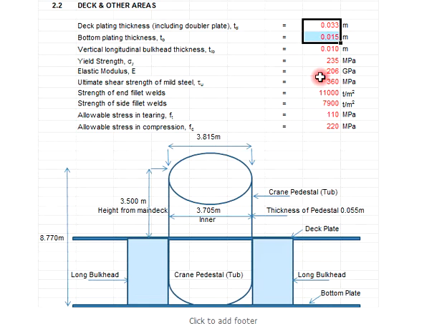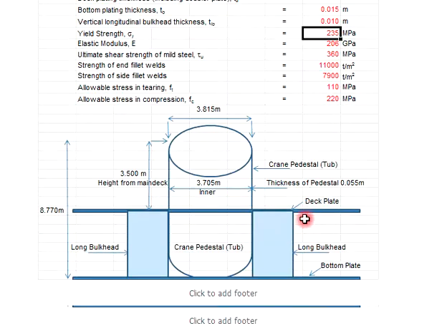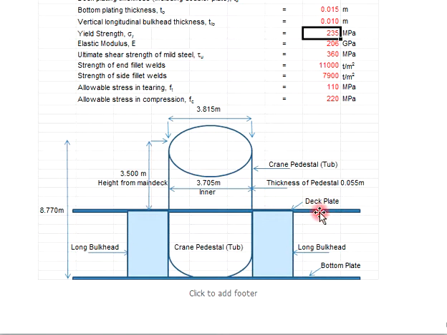Vertical longe bar height thickness, there is also the vertical longe bar height, right? So how much the thickness. The yield strength is here. This one is 235 because this is the other area, like the deck plate and the bottom plate. So if your current ship's deck plate, main deck or bottom, is mild steel, you just put 235 here.